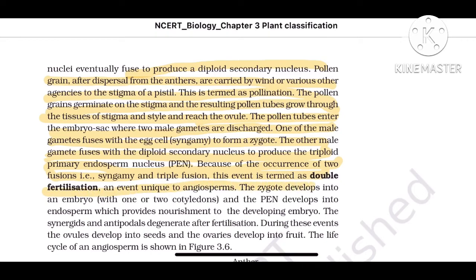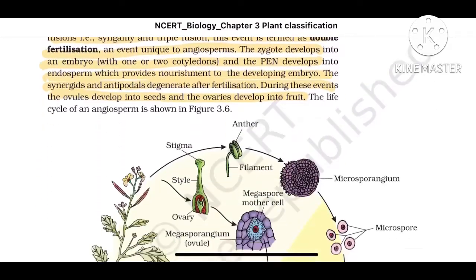The zygote develops into an embryo with one or two cotyledons and the PEN develops into endosperm which provides nourishment to the developing embryo. The synergids and antipodals degenerate after fertilization. During these events, the ovules develop into seed and the ovaries develop into fruit. The life cycle of an angiosperm is shown in the figure.